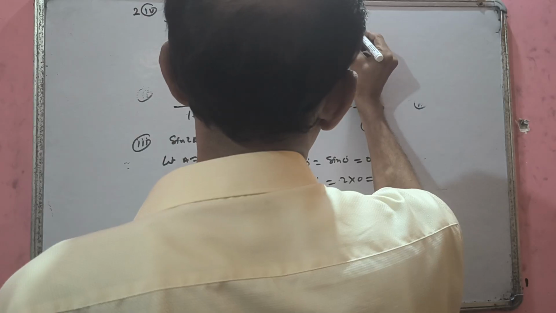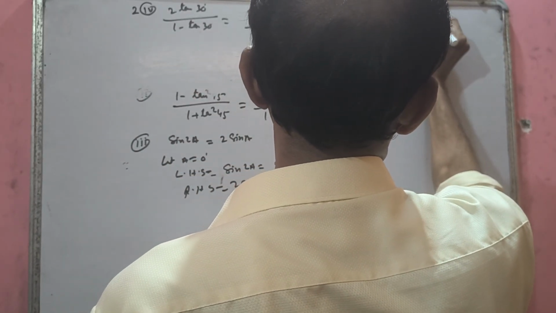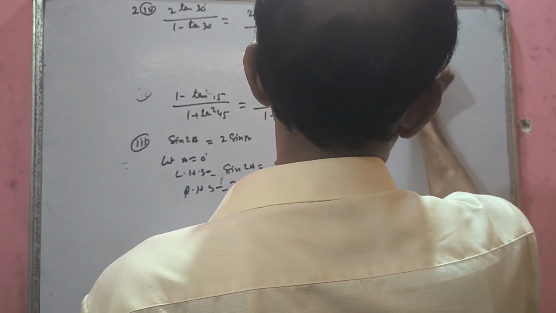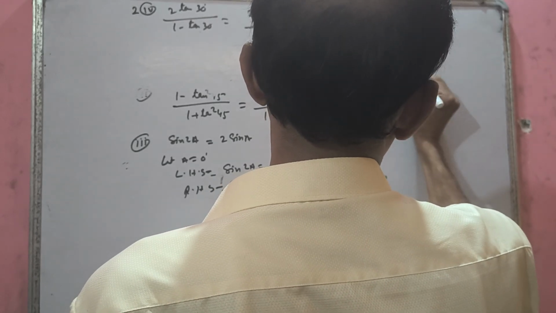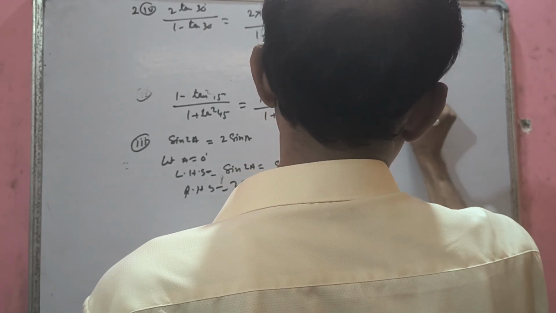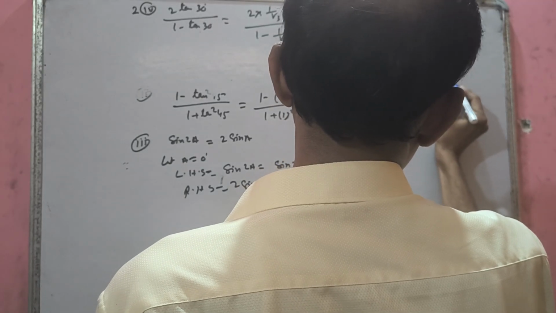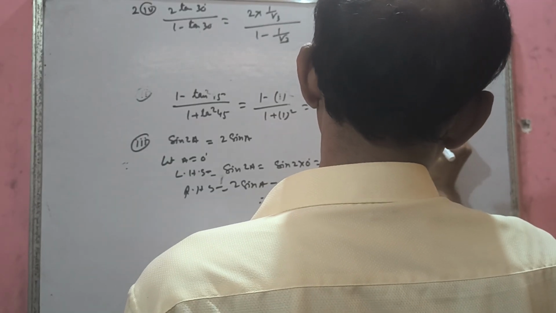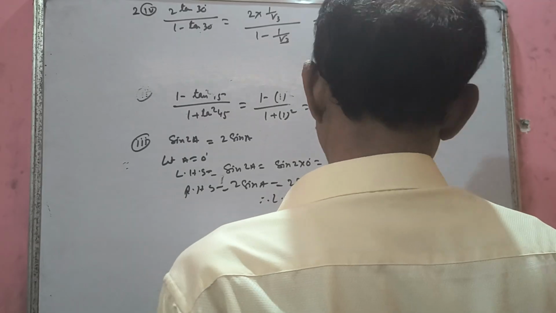So root 3 minus 1. So 2 by root 3 into root 3 by root 3 minus 1. This is cancel. So we will get 2 by root 3 minus 1. Try to rationalize it. 2 into root 3 minus 1 by root 3 minus 1 into root 3 plus 1. So 2 into root 3 minus 1. How much will we get? 3 minus 1. So root 3 minus 1 we will get, because 2 cancel.